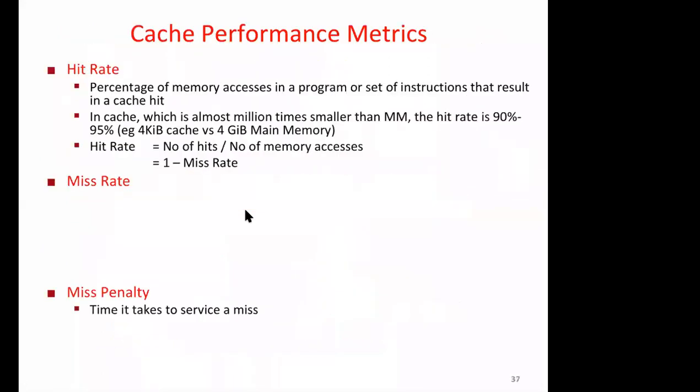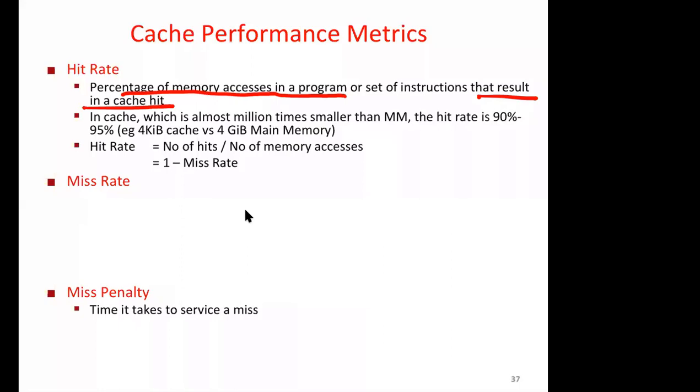We'll discuss a little bit about performance today, and next class we'll go into detail about performance. The first parameter is called hit rate. Suppose you have made 100 references to memory, how many of these are available in the cache? It is the percentage of memory accesses in a program that result in a cache hit.